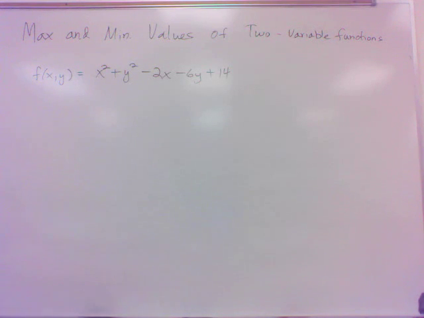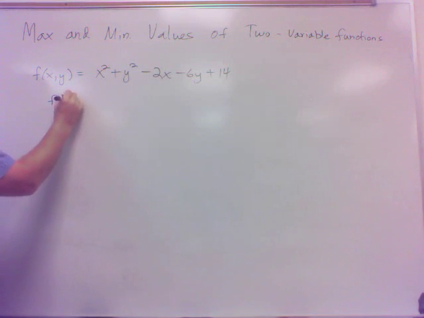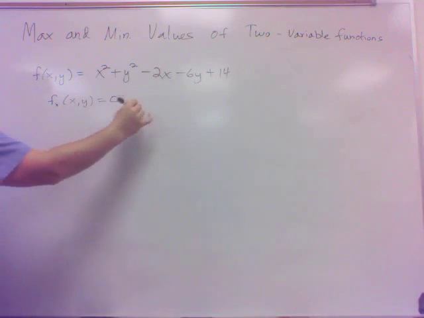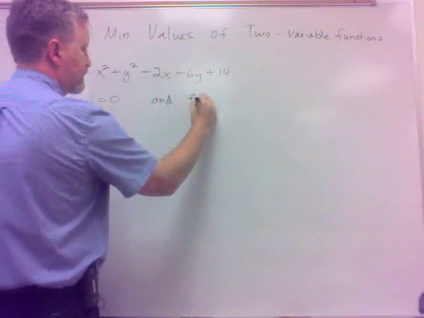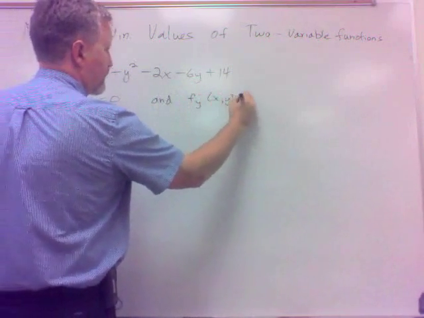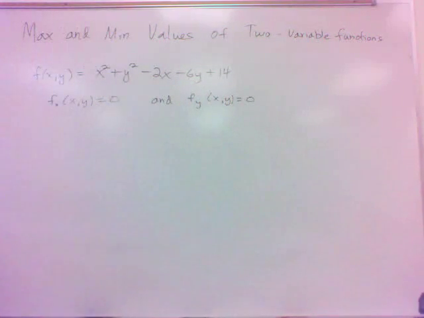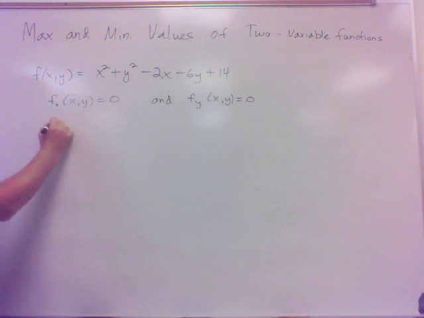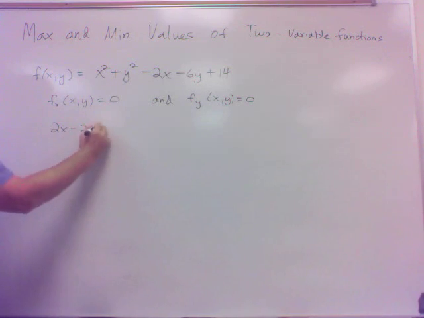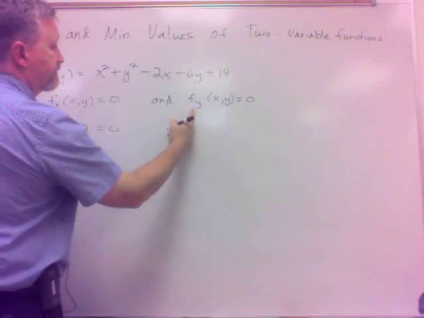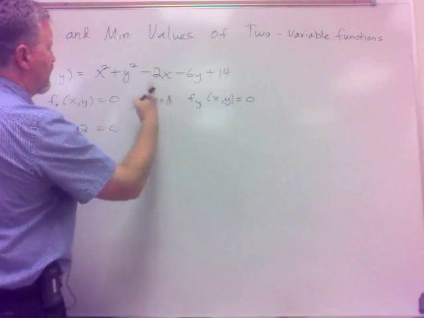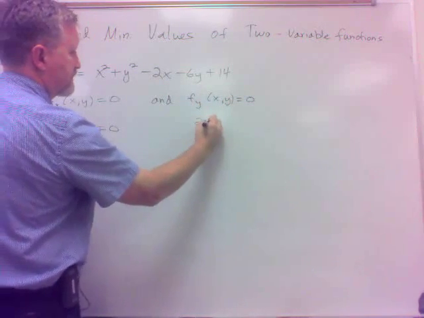Okay, and so we said we want to look for where the two partial derivatives equal 0, right? So what does that translate to here? Well, the partial with respect to x would be 2x minus 2. So we set that equal to 0. And the partial of f with respect to y would be 2y minus 6.